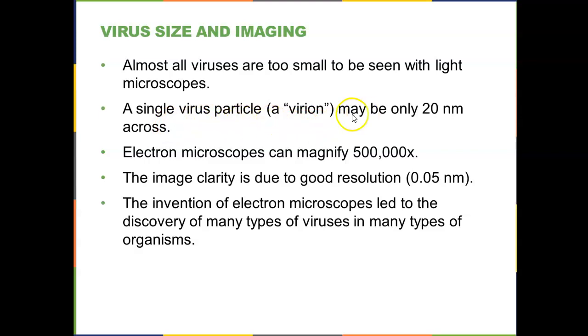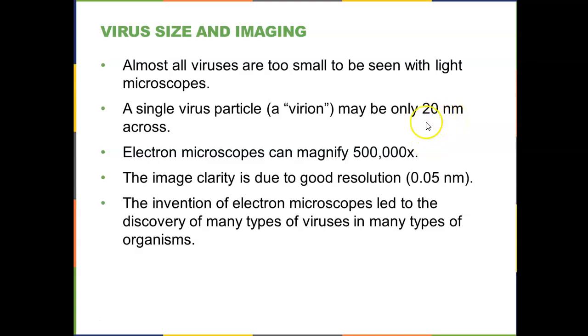A virus particle, a virion, one virus, a number that is not unusual is about 20 nanometers in diameter, which is very small. Recall that your typical living cells, eukaryotic cells, are somewhere between 10 and 100 micrometers, and the smallest bacterial cells are down on the order of about 0.1 micrometer, or about 100 to 200 nanometers.